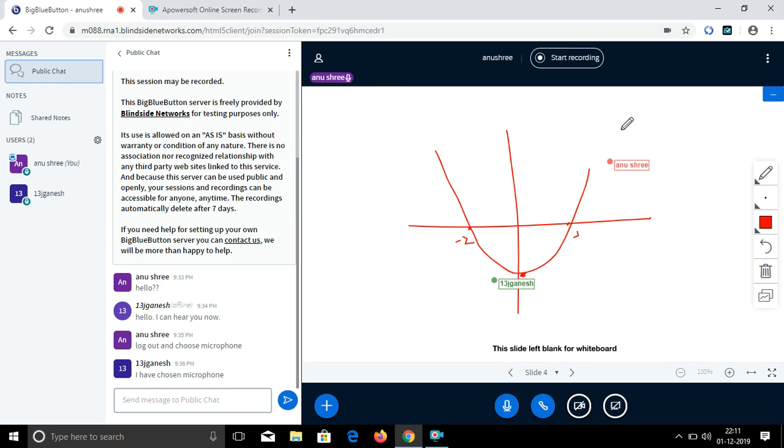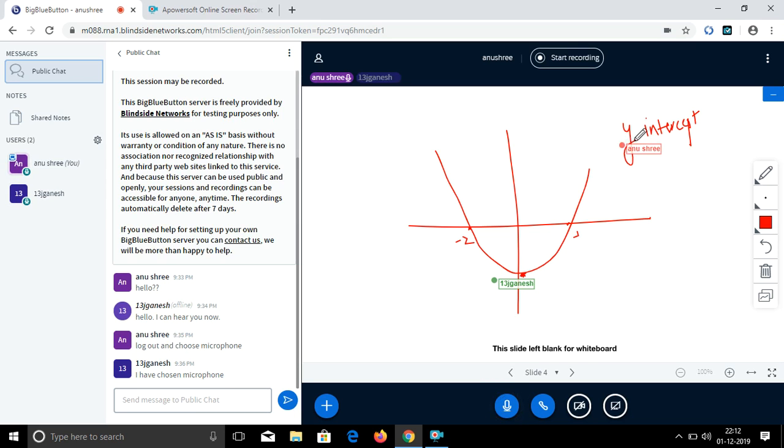Now there is a term that is known as y-intercept. Y-intercept is where the curve is intersecting the y-axis. So don't get confused between the roots and y-intercept. Roots is where the curve is cutting the x-axis, and you can see there are two different points where the curve is cutting the x-axis, so that's why there are two different roots.